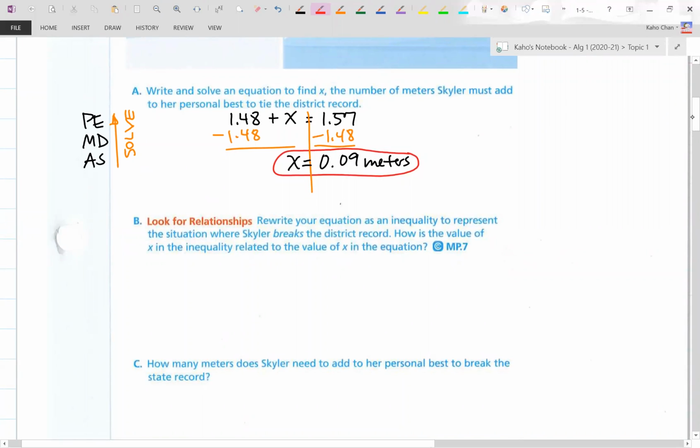All right, rewrite your equation as an inequality to represent the situation where Skylar breaks the district record. Break sounds like more than. How is the value of x in the inequality related to the value of x in the equation? All right, let's set this up.